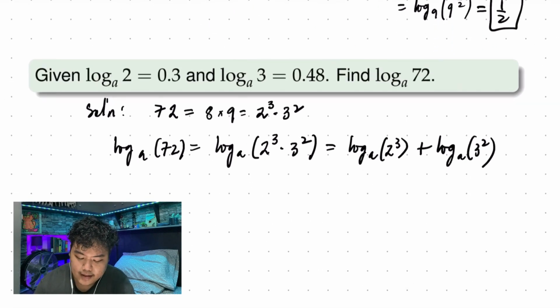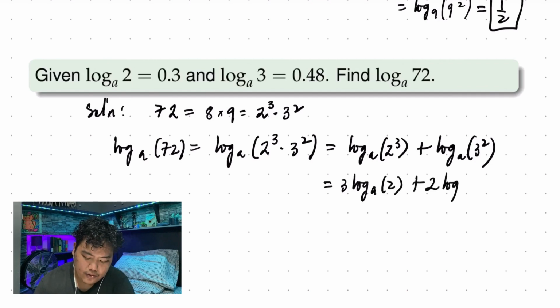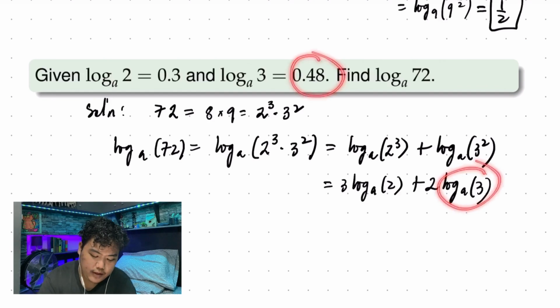At anong sabi natin sa exponent? Pwede siyang malaglag. So, we get 3 log base a ng 2 plus 2 log base a ng 3. And plug and play na lang. This is 0.3. This is 0.48.